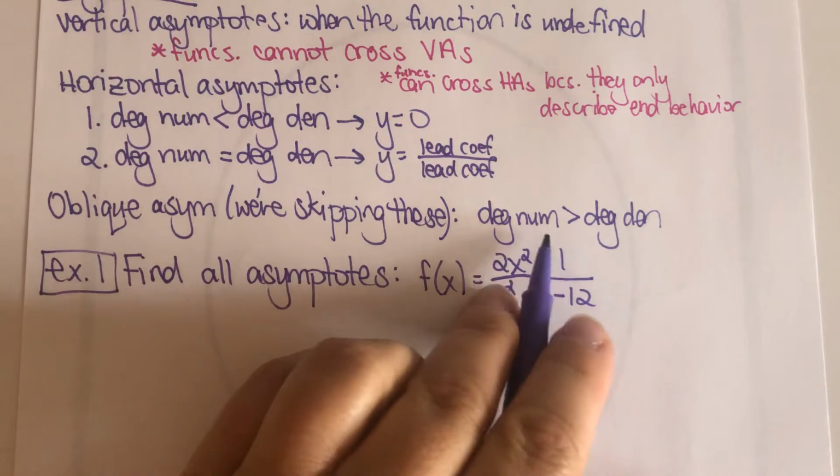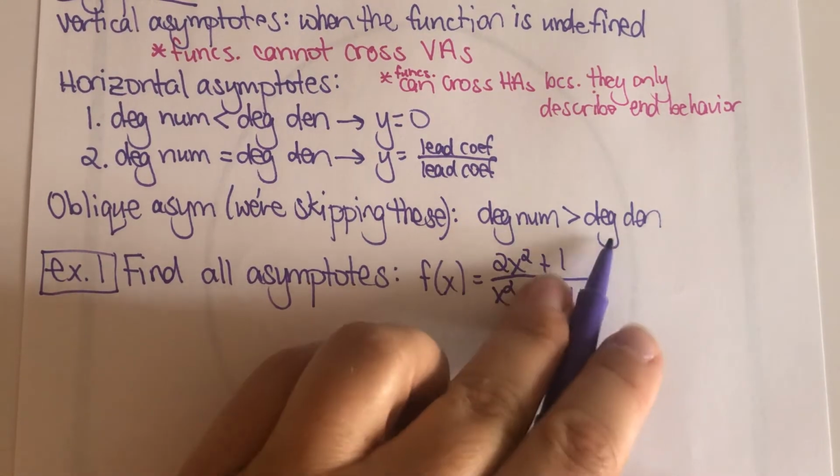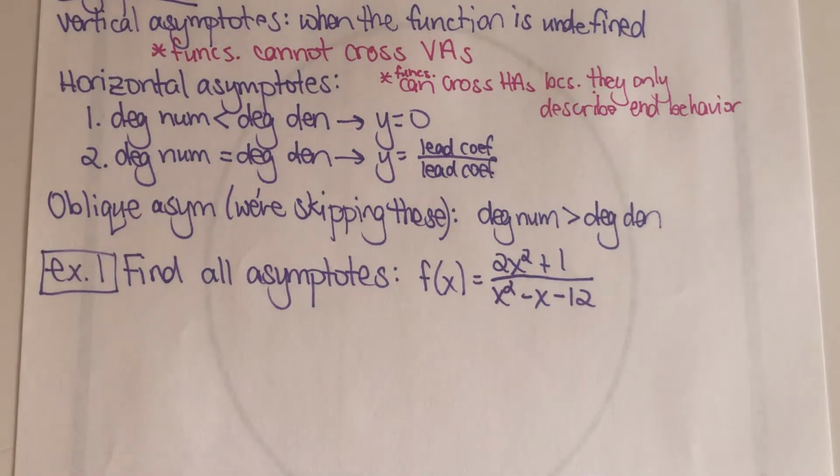That's the third option, if the degree is greater in the numerator. I was pretty careful in assigning problems and making sure that I did not include oblique asymptotes. But if you find something where I missed it, I'm not holding you accountable for oblique asymptotes at all, okay? It won't be on a quiz or a test. You don't need to do it for the homework.